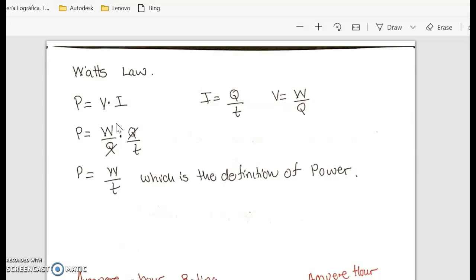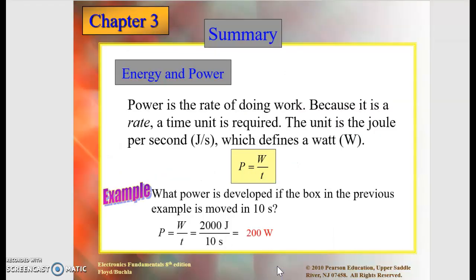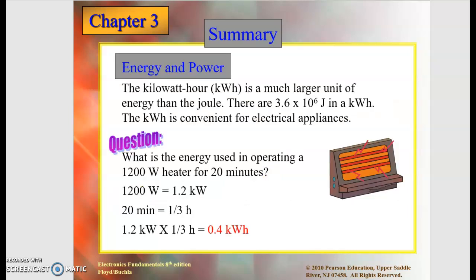In the examples and problems section for this chapter, I will do examples where we use Ohm's law to find Watt's law, or we use Watt's law to find quantities needed in Ohm's law. So it is quite useful, and we'll see how that works.